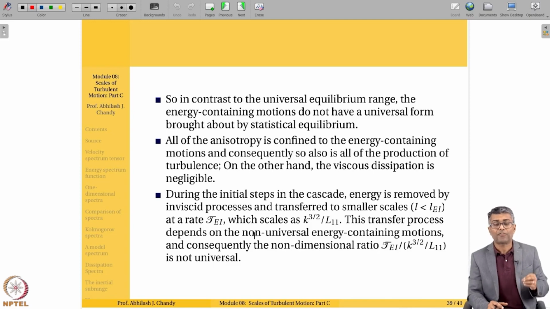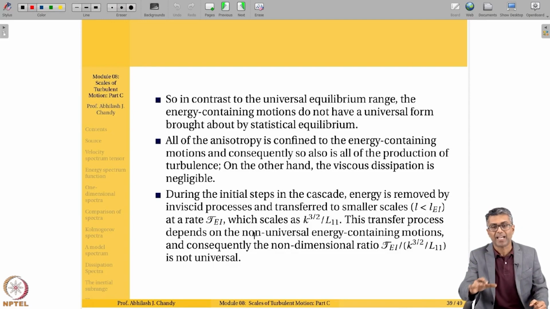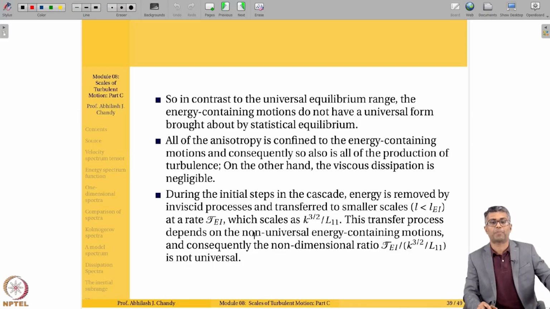They are all confined to this energy containing range because the universal equilibrium range does not have any such directional biases. It is isotropic. And the other point is all of the production happens in this range, the energy containing range. Production of what? Production of turbulence happens in this range. And also, finally, viscous dissipation is negligible in this range as well.